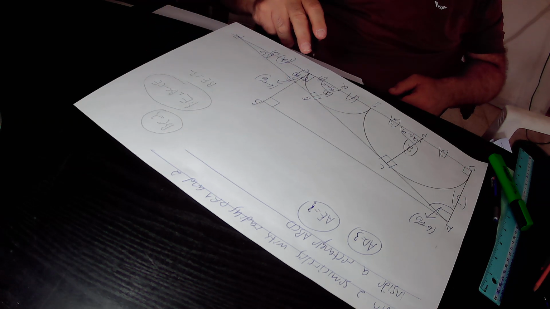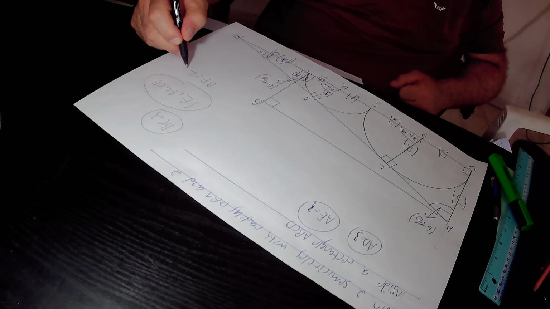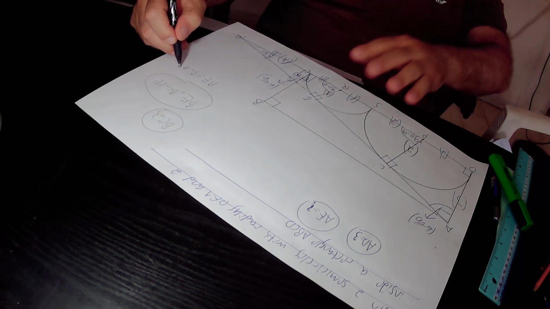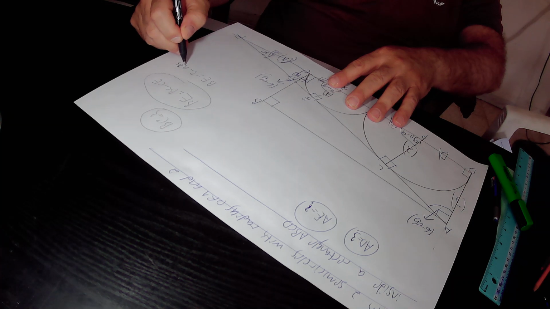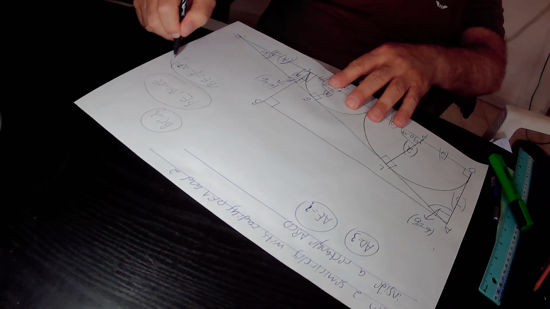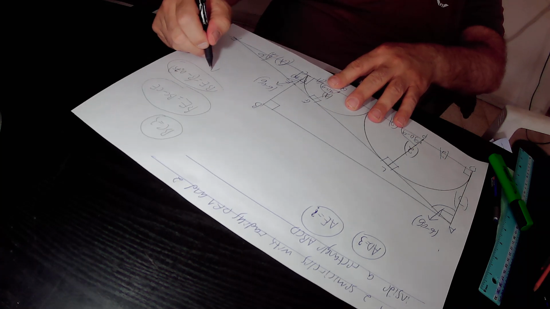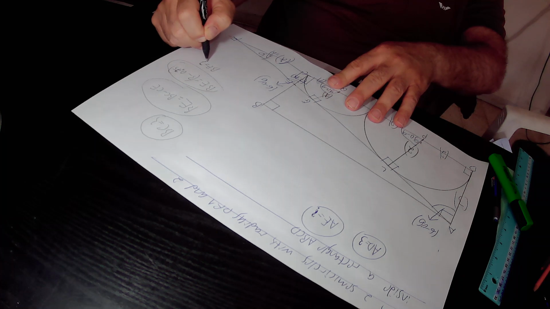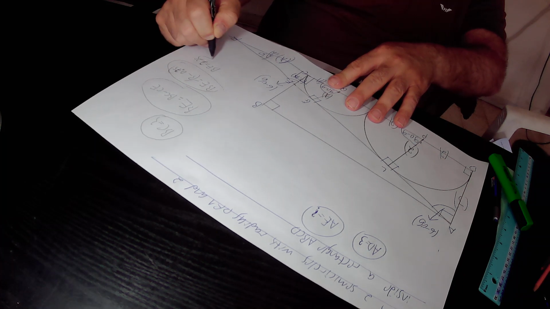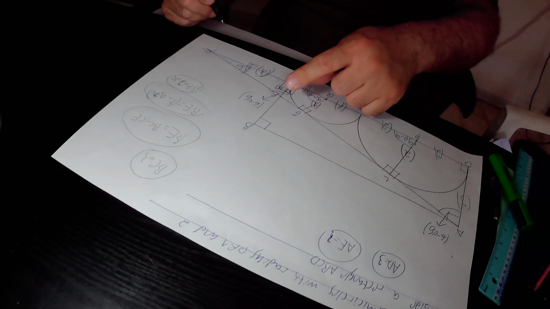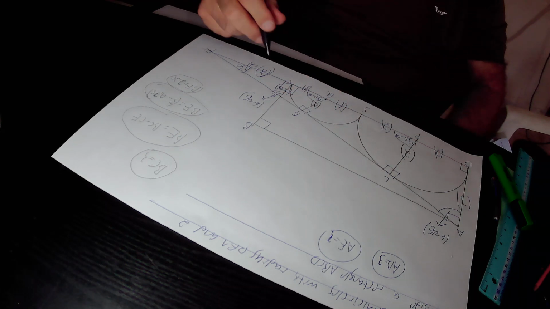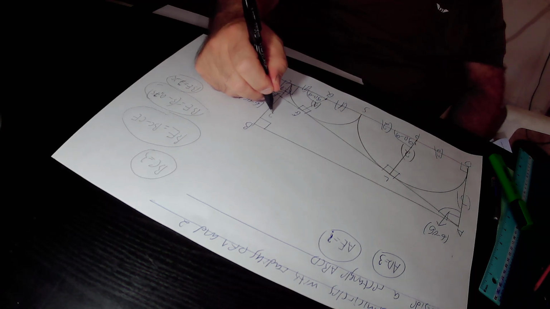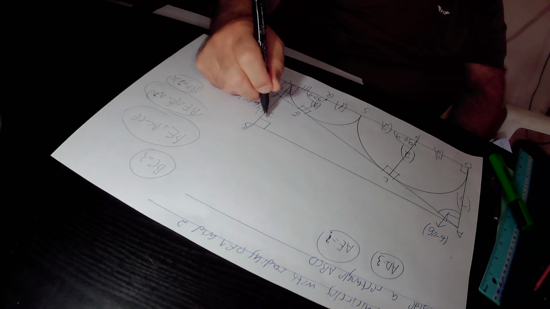We just found that CE equals 0.75. So in total, BE equals 3 minus 0.75. 3 minus 0.75 is 2.25. So the missing segment BE equals 2.25 units in length.